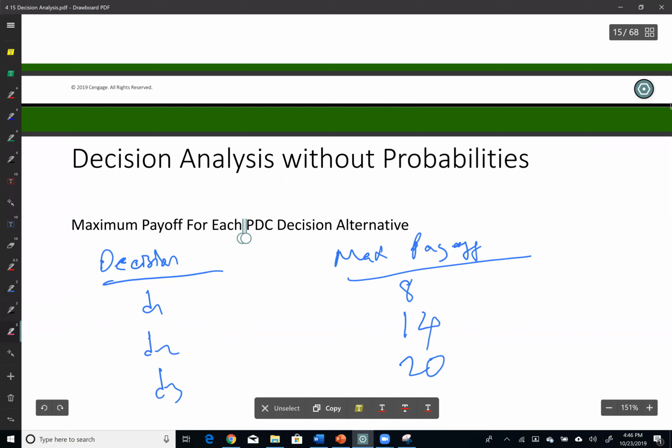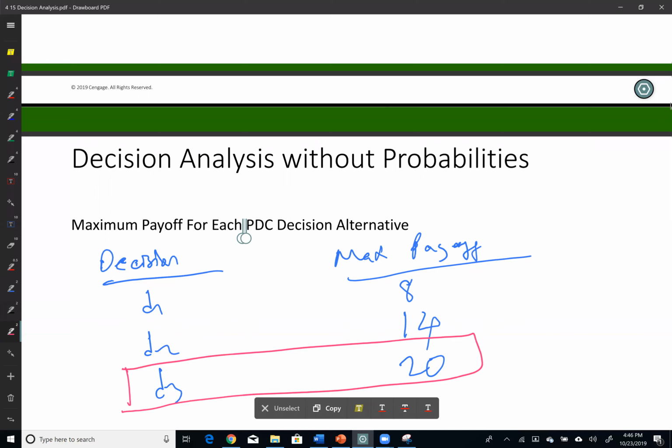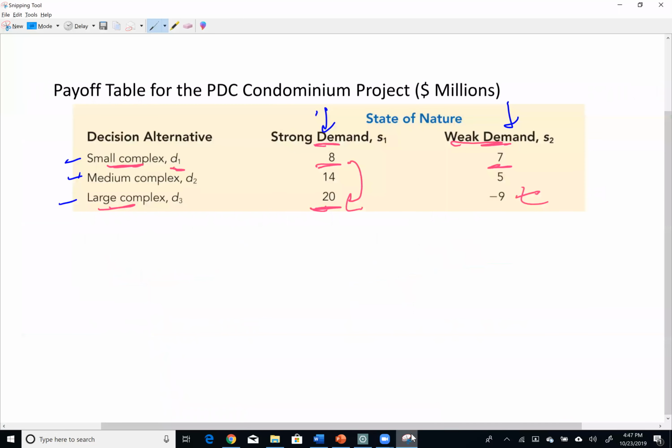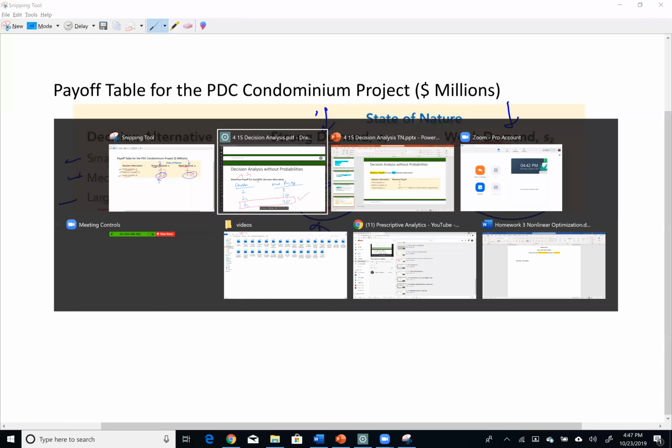So if I make a decision based on these three numbers, these are the best optimistic scenario, which these are associated with strong demand scenarios. I will choose big, large condo project because that gives me the highest, sorry, that's the wrong number. This one right here, highest profit considering the optimistic, which is strong demand scenario.